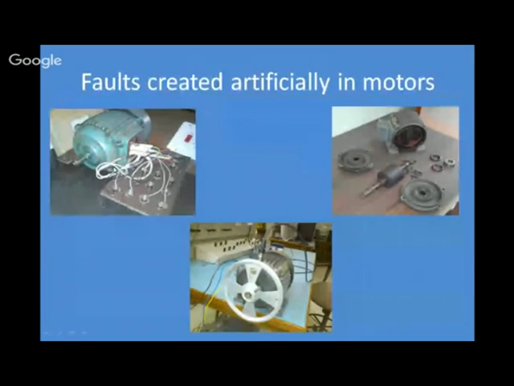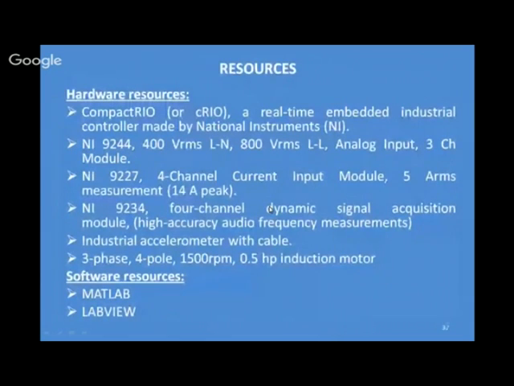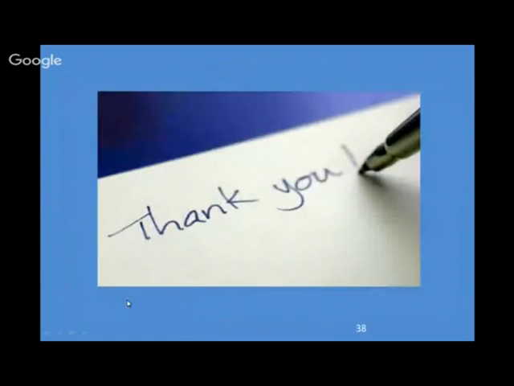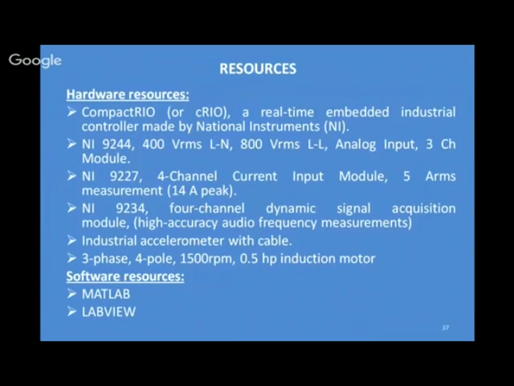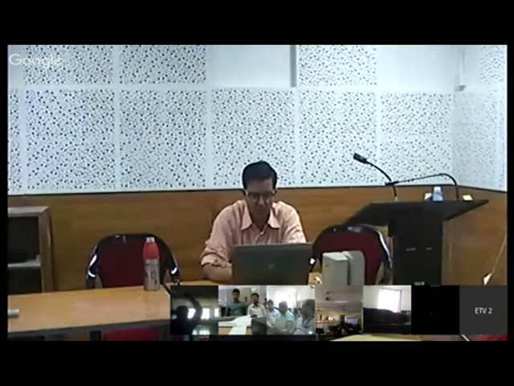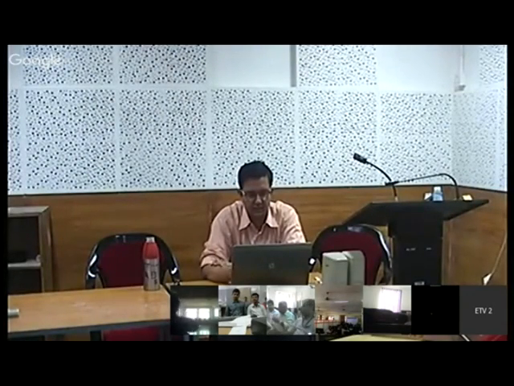We can have the healthy motor signature as well as the faulty motor signature, and we can classify the various faults. So this is all I have with me. Depending on the various fault features, we can use the data for diagnosing the fault in the motor. So any center, if it has any query, he or she can ask.